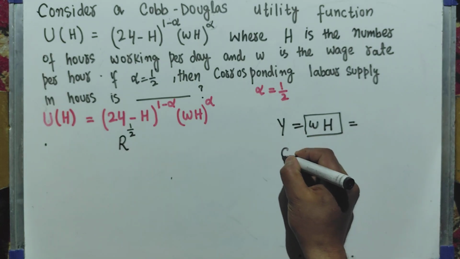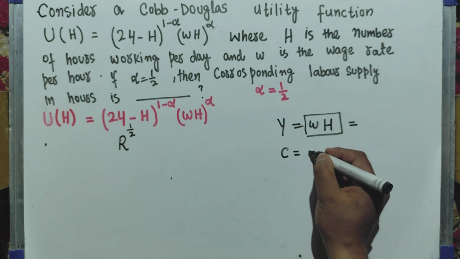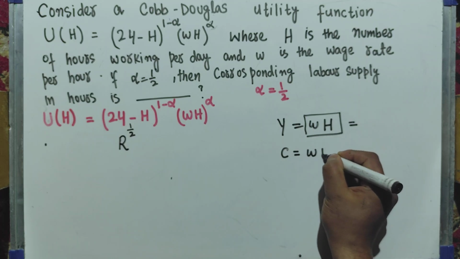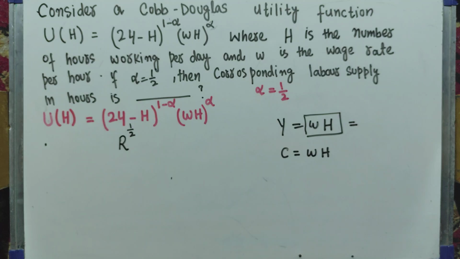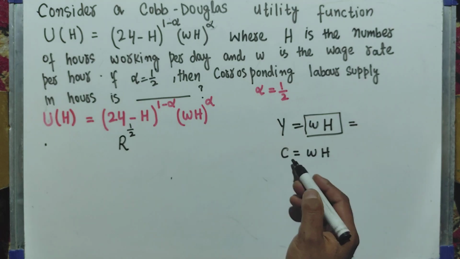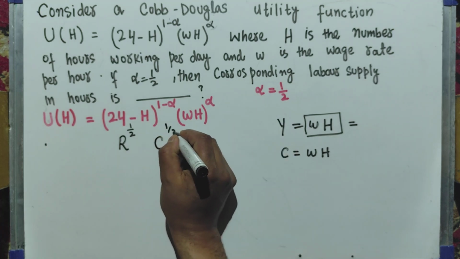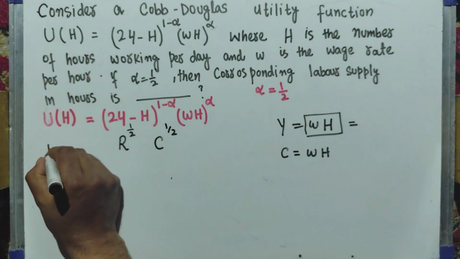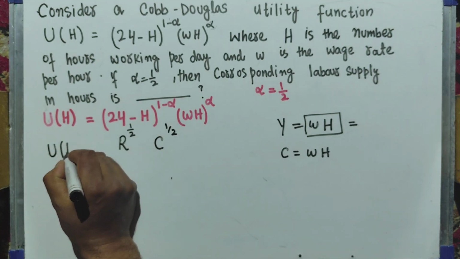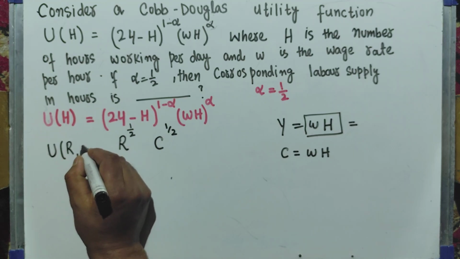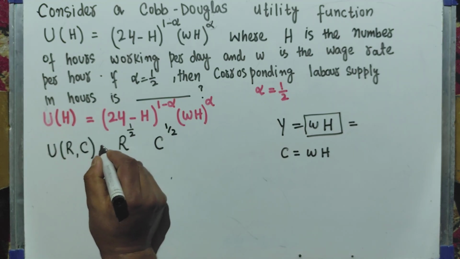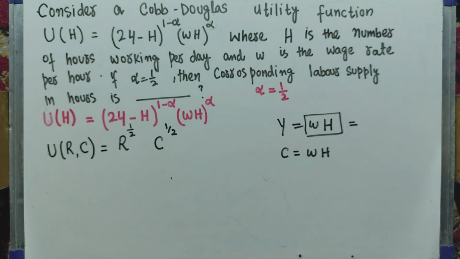So the total consumption expenditure will be equal to the total income, which is W times H. In place of W times H, can I write C? Obviously I can write C. So we have C raised to the power alpha, which is 1 upon 2. That means my utility function will be a function of the leisure, denoted by R, and the consumption spending, how much he consumes and for how many hours he gets leisure. So our utility function is simplified in this fashion.